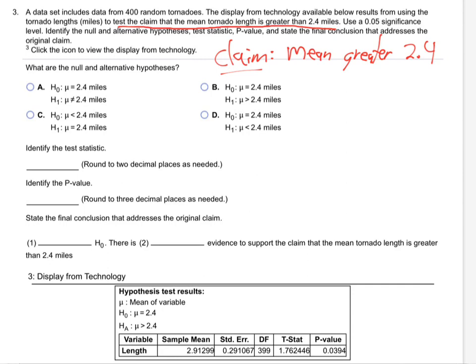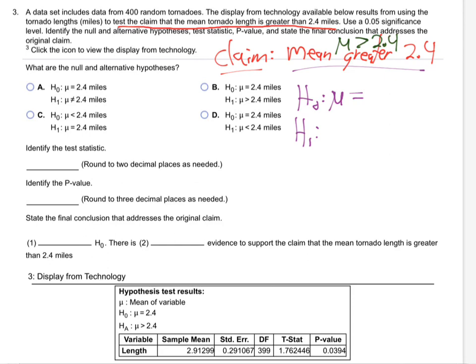All right, so there's the claim. I'm going to write H0 and H1. H0 is always equal, isn't it? Oh, I forgot to write what this claim is. So this is mu greater than 2.4. That's the claim.